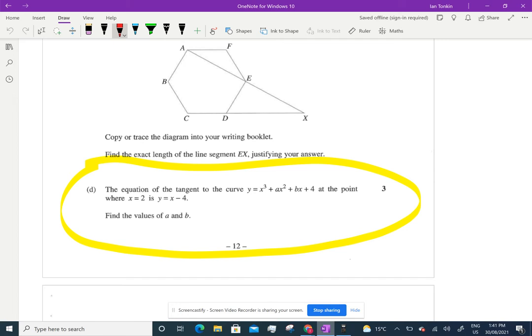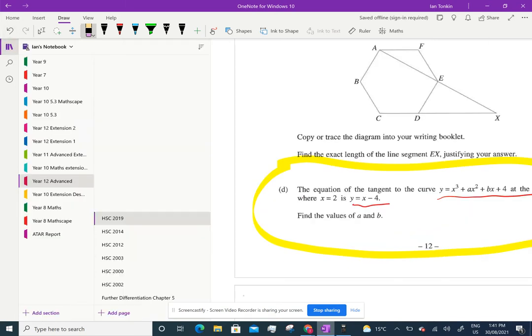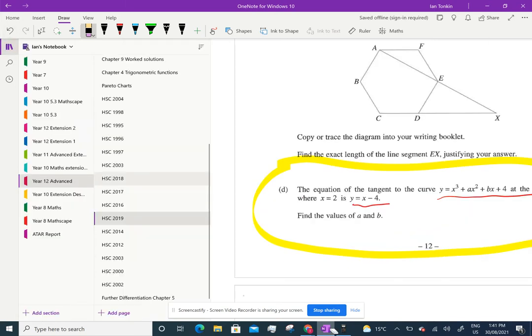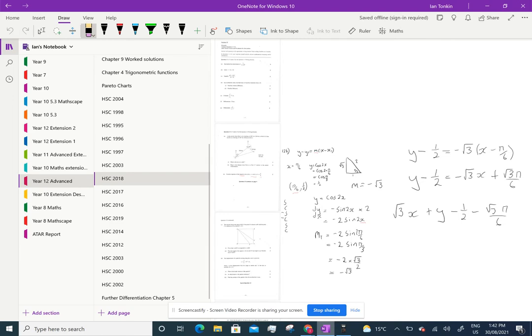It's worth 3 marks. We could do it, but it asks it in a really roundabout way, and it gives you the equation of the tangent and tells you to find these points A and B, and I really don't want to start with that one. And then I went to 2018. There was one in 2020, but again, it was too difficult.